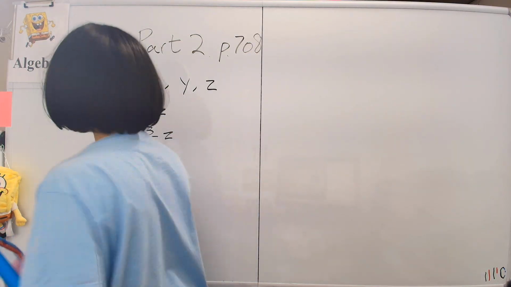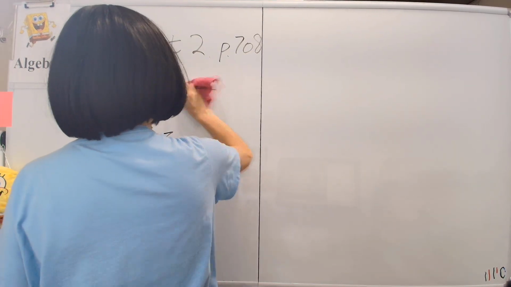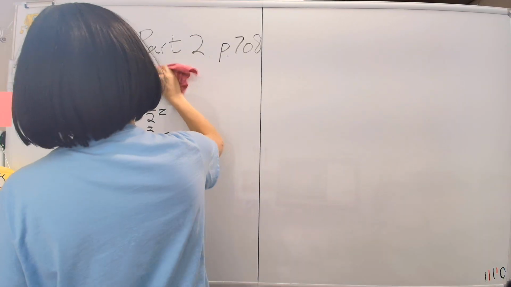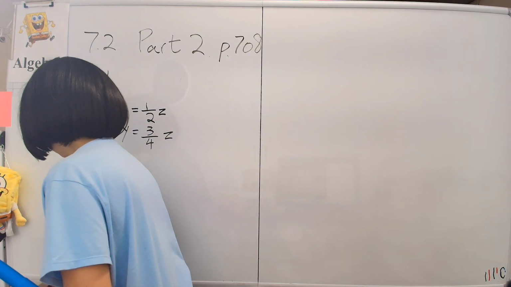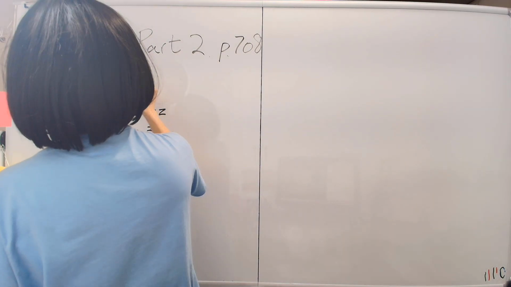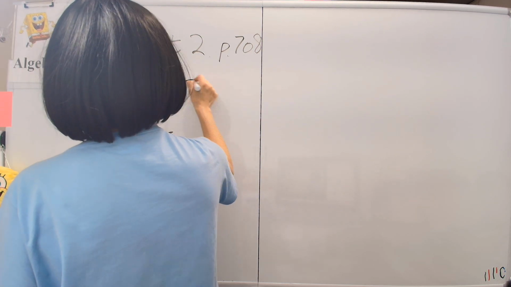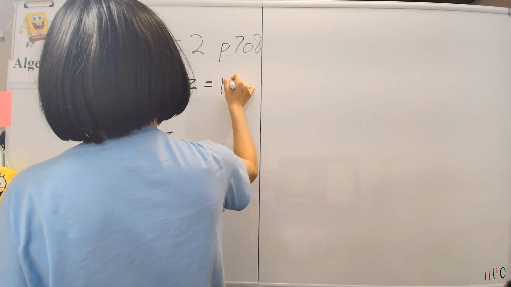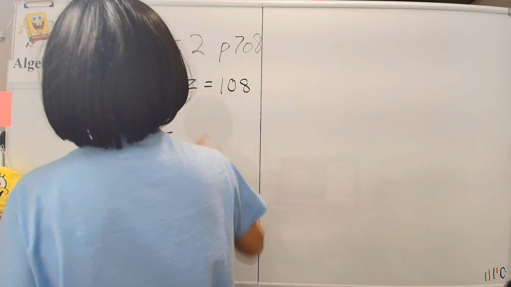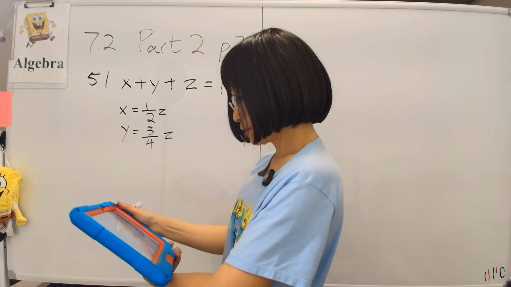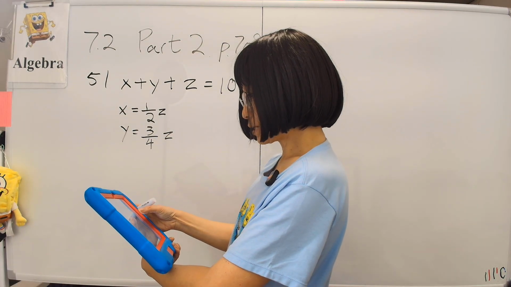Okay, let me get rid of these things and write down x plus y plus z all together equals 108.